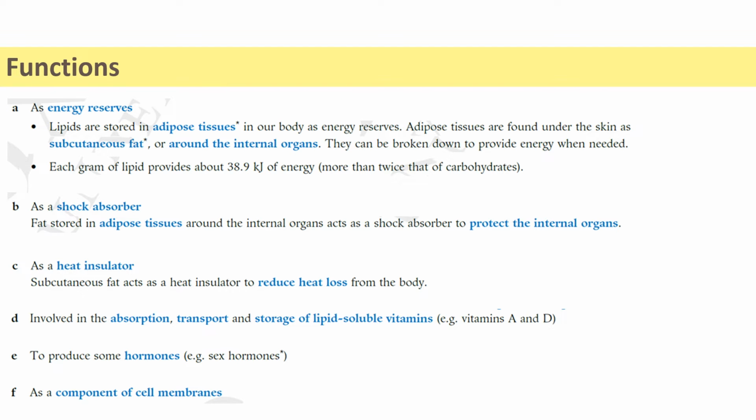Carbohydrates can act as an energy source, but fats have a lot of other functions, such as acting as a shock absorber, a heat insulator, and a component of the cell membrane. These functions are difficult to understand at the moment, so you may only have to memorize them first. We will learn about this in higher forms.